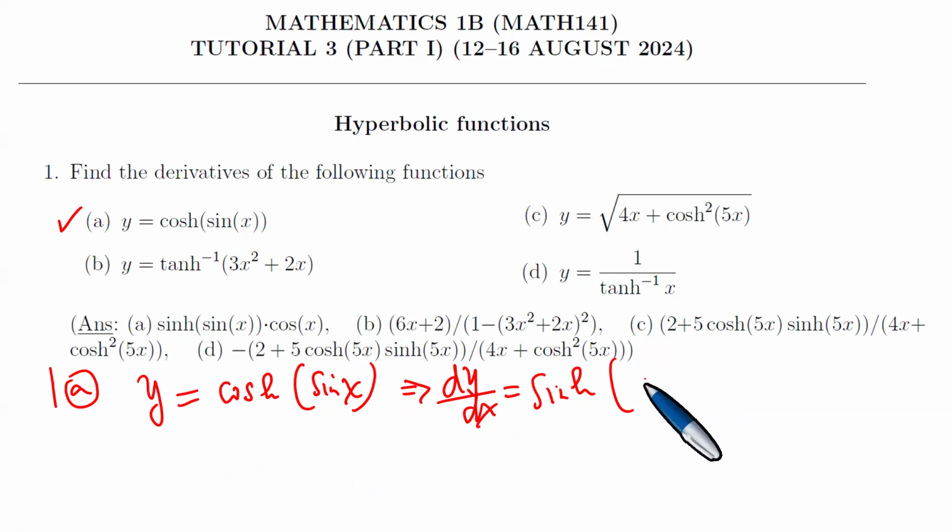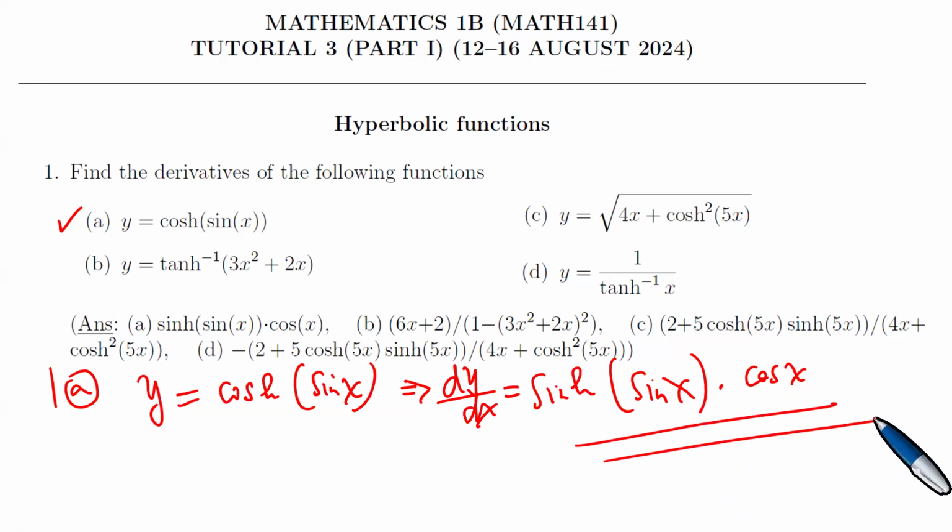So we have the hyperbolic sine of the sine of x times the derivative of the sine, giving us exactly cosine x. And this is the answer to the first question.